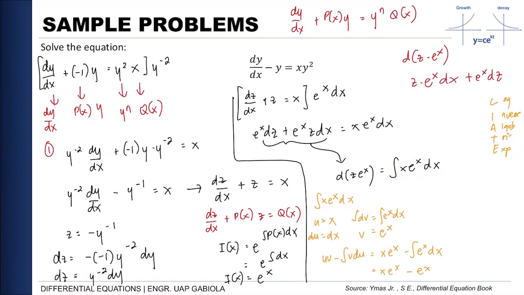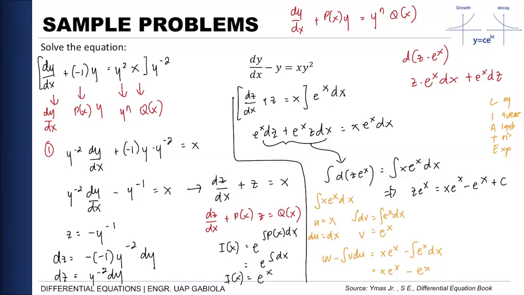So yun yung magiging solution nito. This is d of z e^x. So pag in-integrate natin, that is equals sa z e^x is equals to x e^x minus e^x. And as you can see, e^x is common sa lahat ng term natin, no? Pero may nalilimutan tayo ditong plus C.